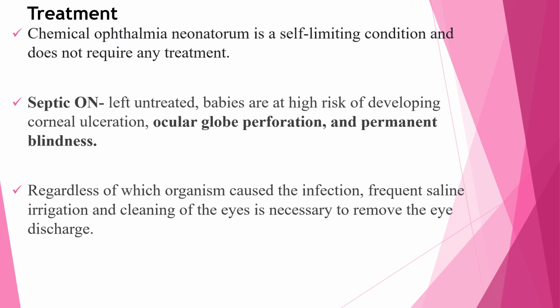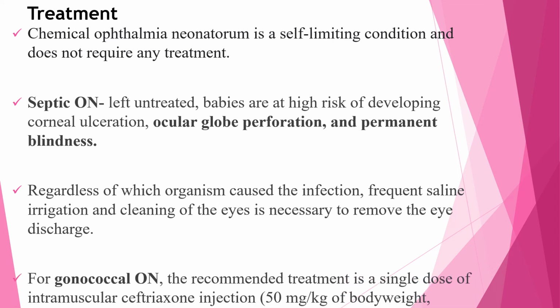Regardless of which organism caused the infection, frequent saline irrigation and cleaning of the eyes is necessary to remove the eye discharge. For gonococcal Ophthalmia Neonatorum, the recommended treatment is a single dose of intramuscular ceftriaxone injection, 25 to 50 mg per kg of body weight, or 125 mg.